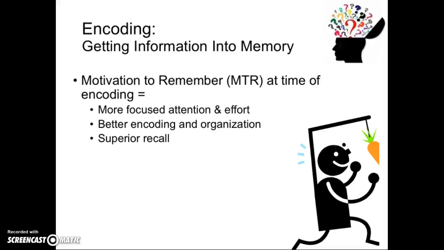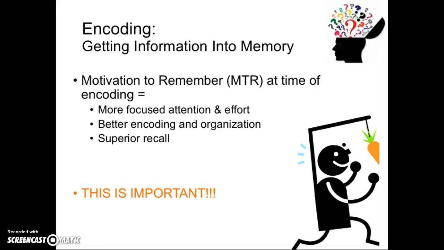Now, your instructors know that motivation affects your memory and your learning. And so sometimes they do little tricks to try to help to motivate you. One trick is sometimes we say things like, "This is important."